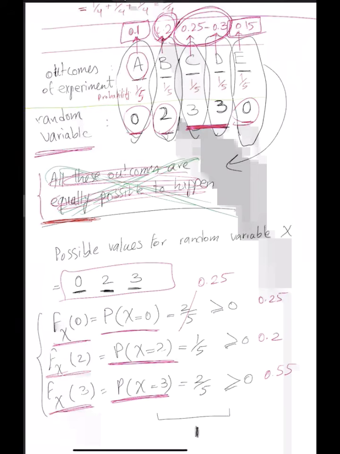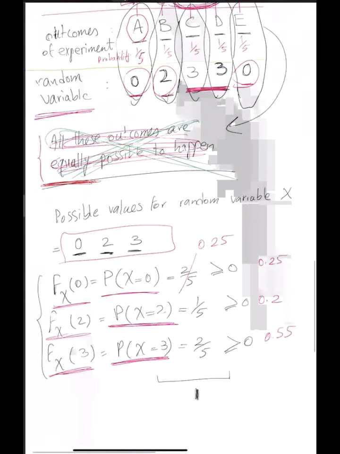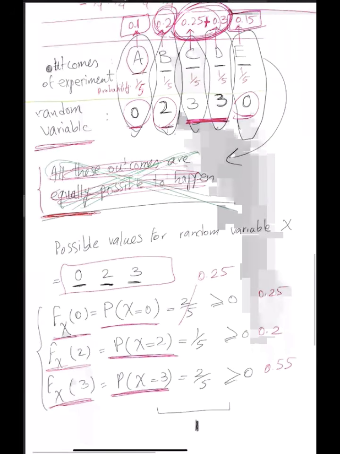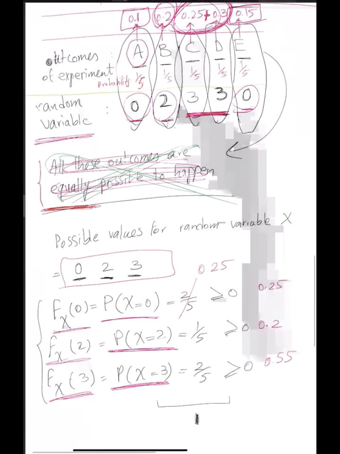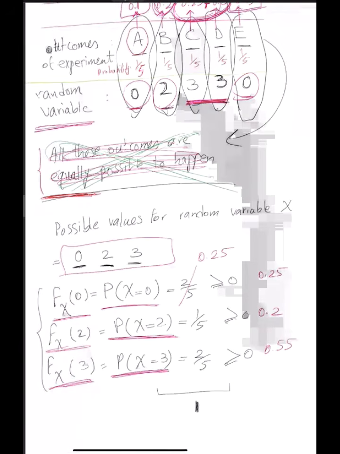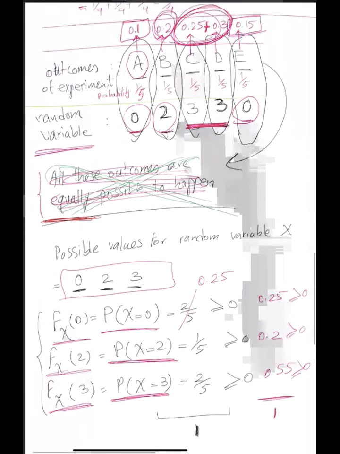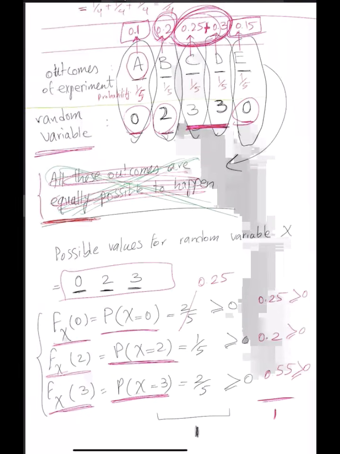We always add the probabilities here. And that's 0.55. And let me see, do they add up? Yes, they add up. So now again, each one of these probabilities is greater than or equal to 0, and they add up to 1. So that's a probability mass function as well.